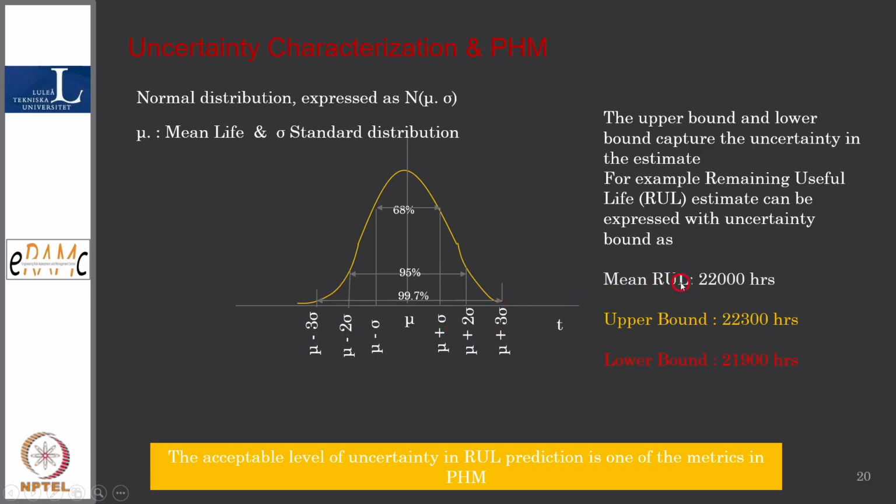Suppose the mean value is 22.30, then there is an upper bound and a lower bound. To be on the safer side, I will take this value, and this is what precisely we were losing in our remaining useful life because we always used a mean value. So we were missing out on this 300 hours.